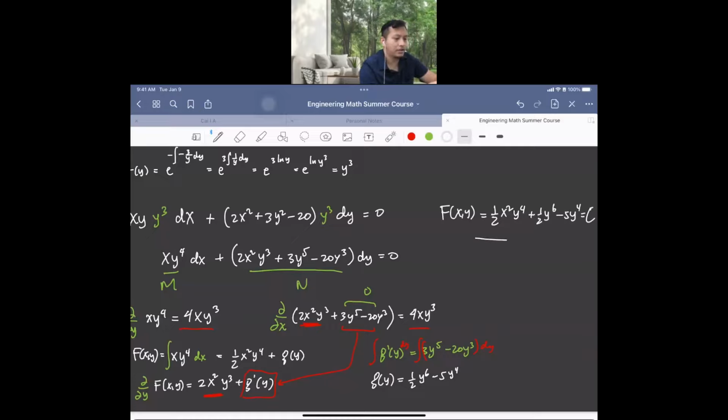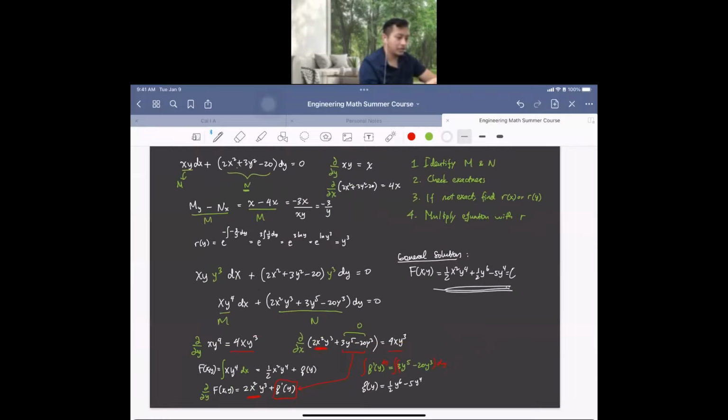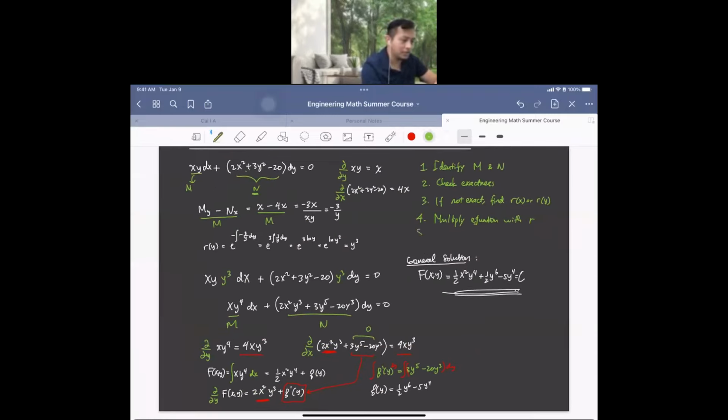And this will be the general solution. So basically, we combine the integrating factor with the exact equation: multiply the equation with r and then solve the exact equation.